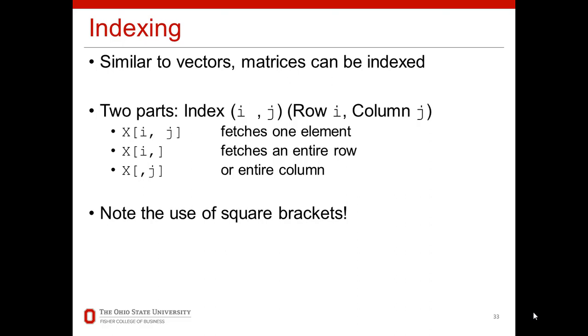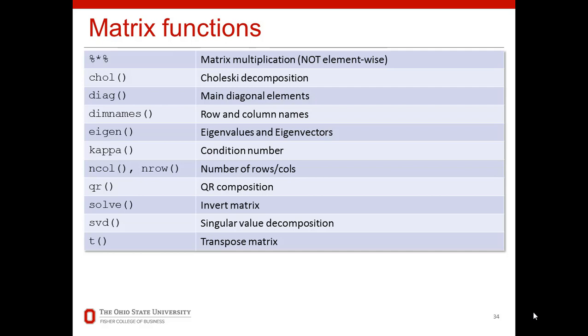Square brackets are required. There's a bunch of matrix functions I have listed here, again, for your own personal use. Some of them are high-level linear algebra functions that you may never need. Maybe in other classes you will need them. We won't use a ton of them in here, but I will draw your attention to a few. Matrix multiplication we will certainly use at some point.